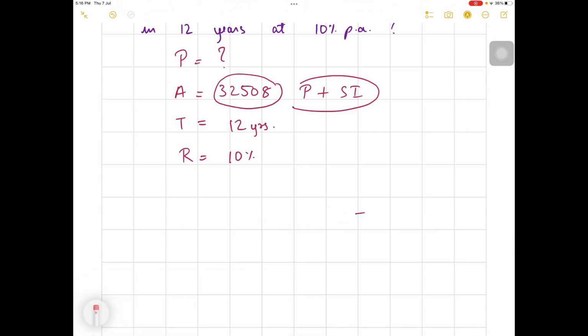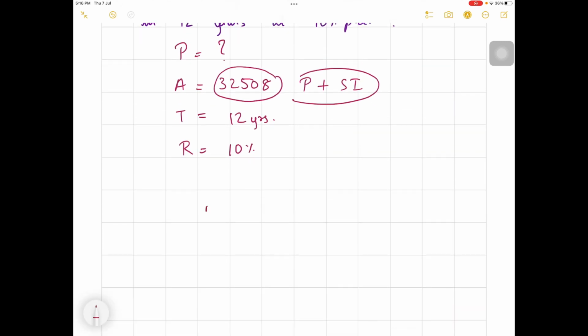Yeah, we can't use this formula. We have to use a different formula. So there's one more formula for simple interest, which is principal is equal to amount divided by 1 plus TR.